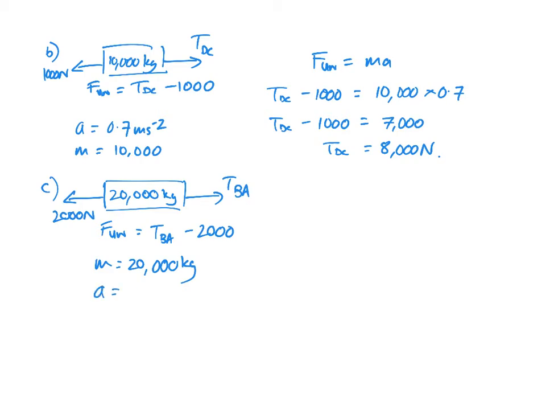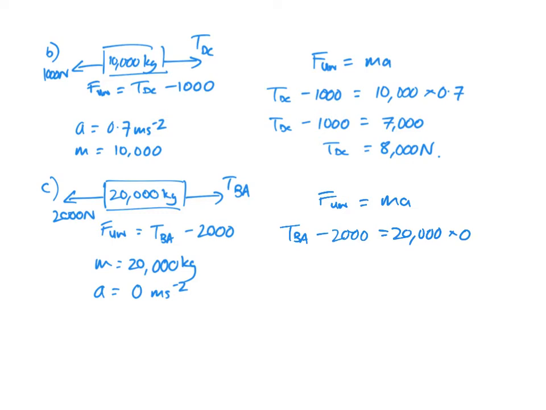Obviously we know the mass is 20,000 because it's 2 carriages being pulled, and because we're now told this is a constant speed, we can't use the previous acceleration, but we can use a constant speed. That tells us acceleration is 0 meters per second squared. So now we can apply Newton's second law to this situation. And remember, anything multiplied by 0 is 0.